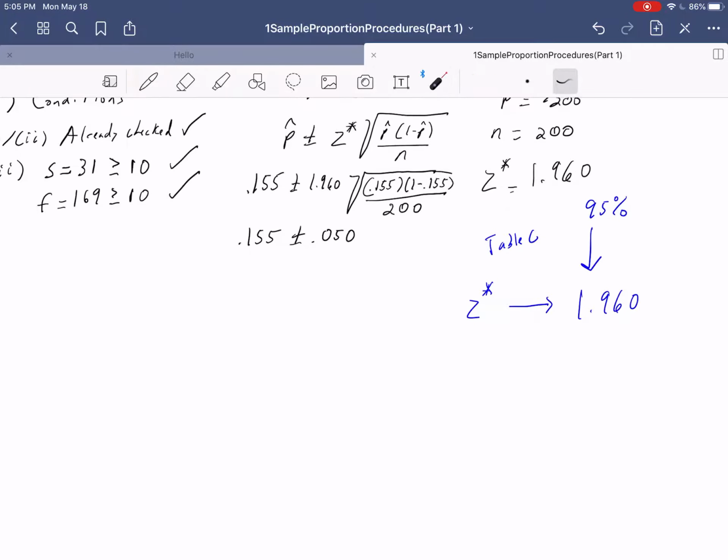Then, as always, do your subtraction first. When you do that subtraction, you should get 0.105. And when you do the addition, you should get 0.205.